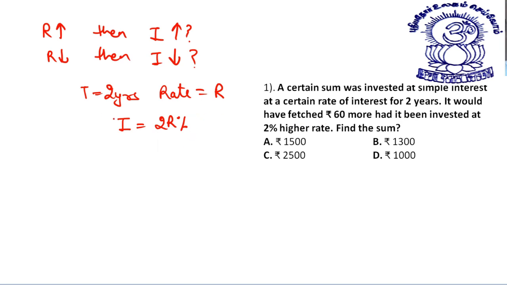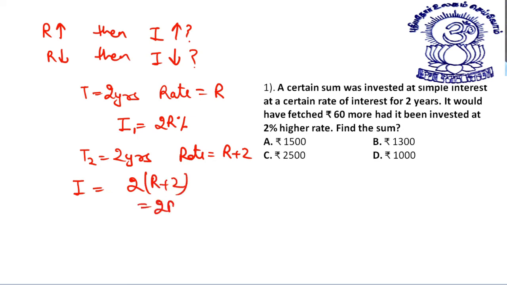This is I1, let's say. In the second case, the time is again 2 years. It would have fetched rupees 60 more had it been invested at 2% higher rate. So what will be the interest? The interest in this case will be 2 years at a rate of R plus 2.